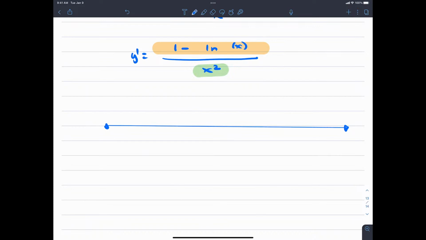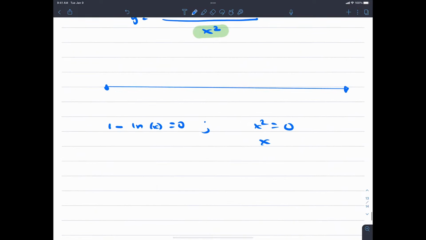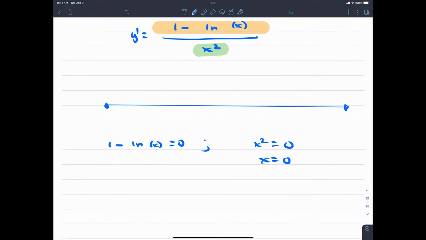And what that means is you have 1 minus the natural log of x is 0, and then you have x squared is 0. Now, when x squared is 0, that means x is 0. So, okay, we have a solution there.